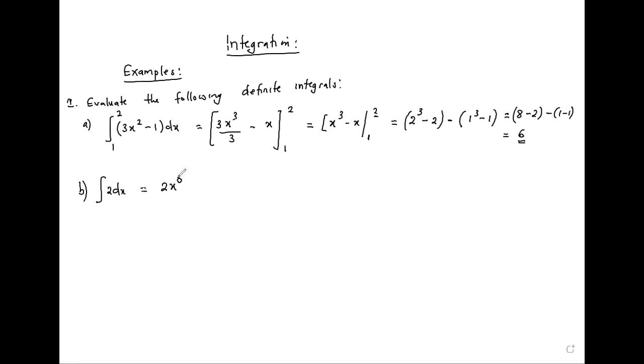Then to integrate, we add 1 and divide by what we get, then add the c. So it will be 2x to the power 0 plus 1 is 1, over 1, plus c. So we get 2x plus c. That's why when there's a constant, we multiply it by x. We're using that reasoning.